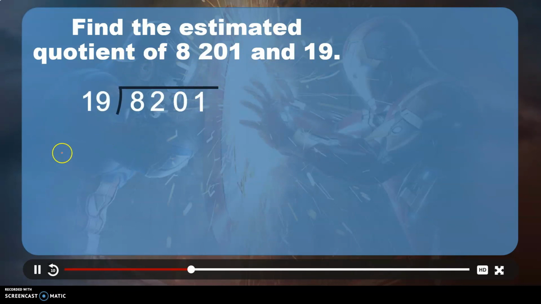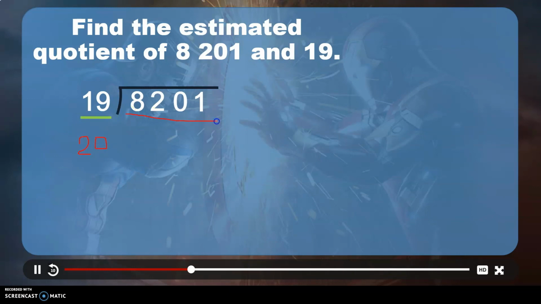Find the estimated quotient of 8,201 and 19. So again, let's write our given numbers. Then, first step, we need to round off the given numbers to the highest place value. 19 rounded off to the highest place value is 20.